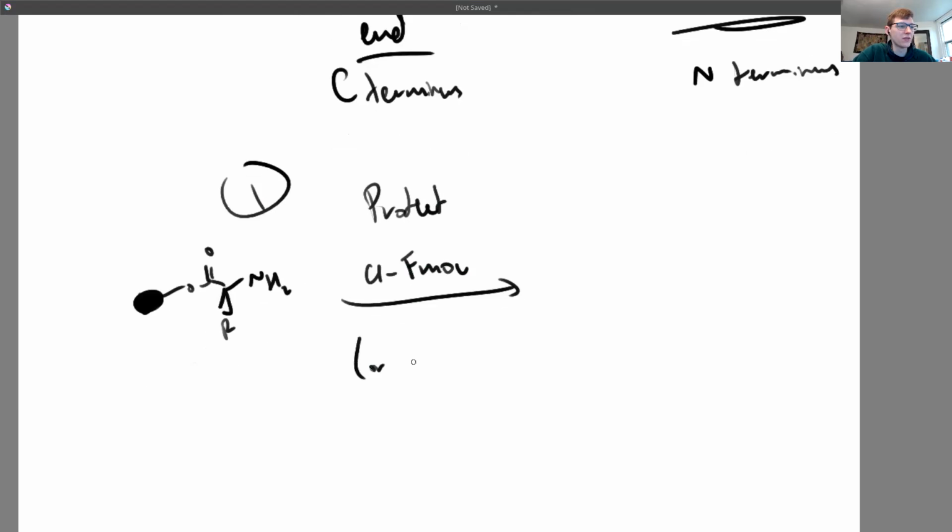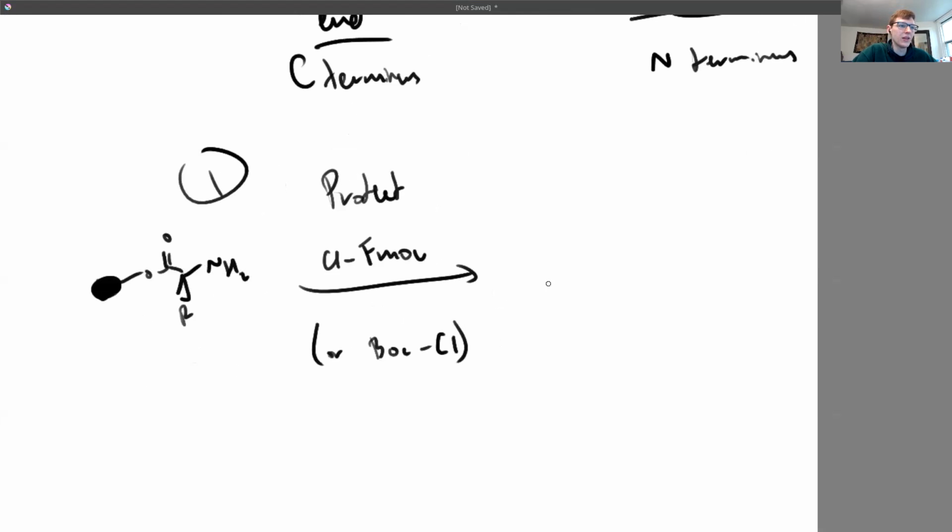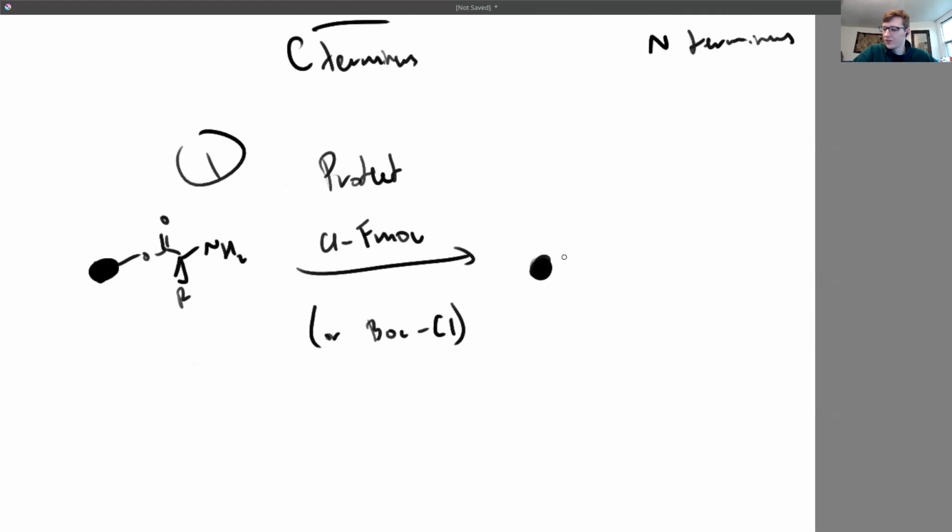There's an alternative: you could use something called BOC instead of FMOC, either one. So you can protect. FMOC is like a really big thing.